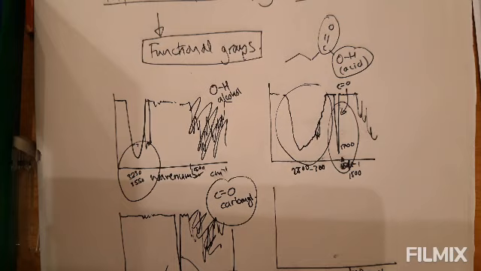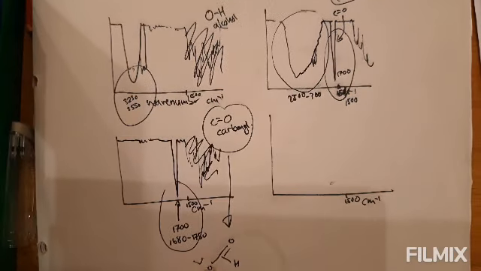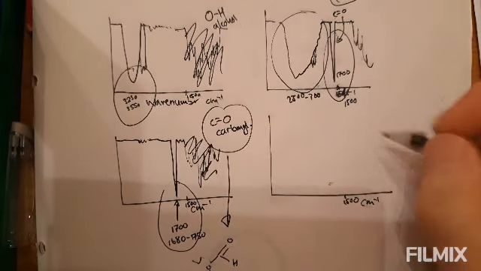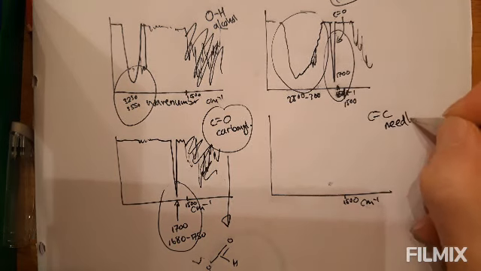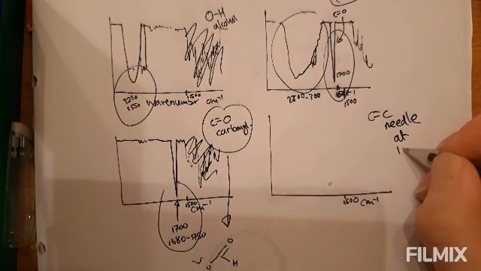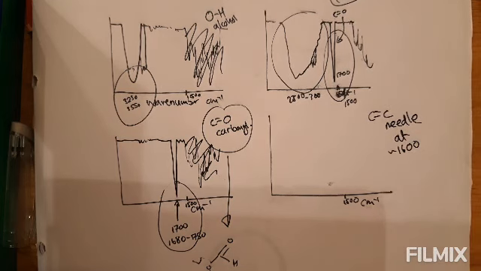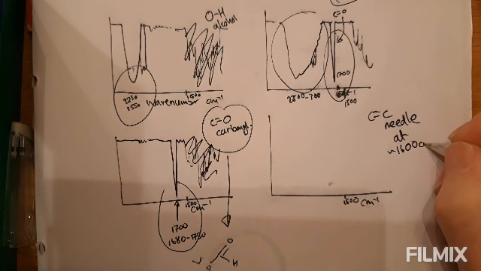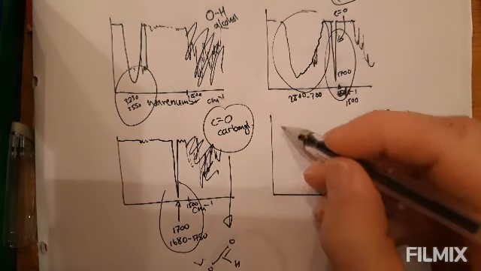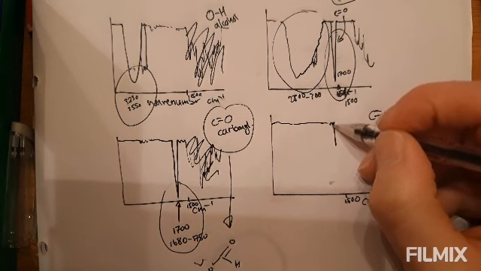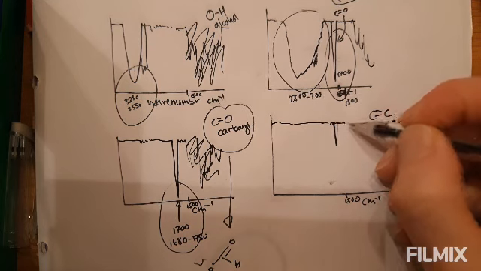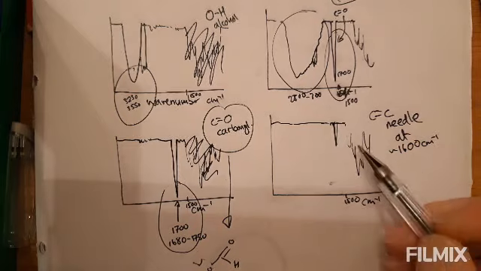The final useful one that I would show you is a C double bond C, which I remember being taught at university is a needle at around 1600. Wave numbers, centimetres to the -1. So there's 1500. So we'll do that, and it's a needle, a sharp needle. Okay. It's often very small.